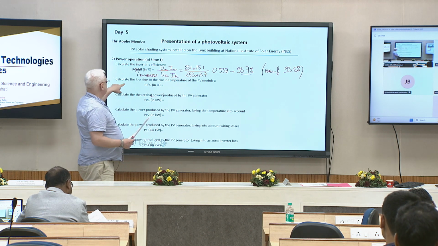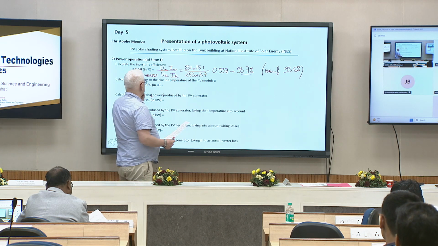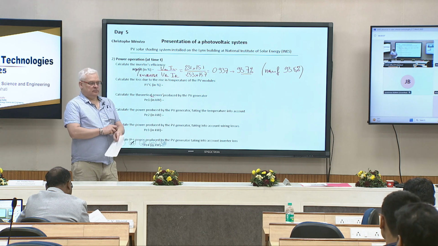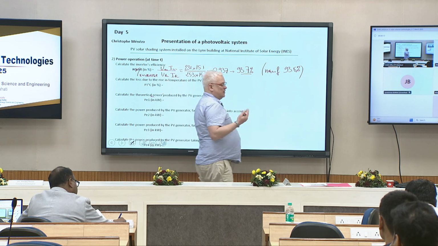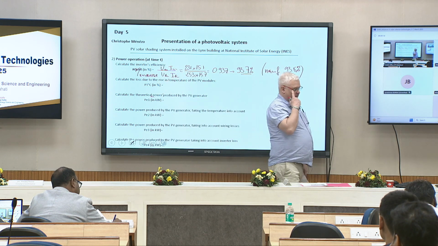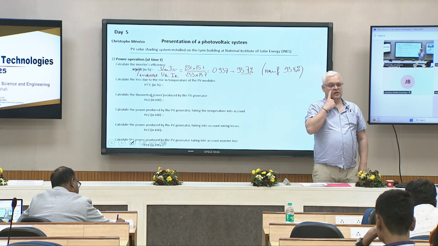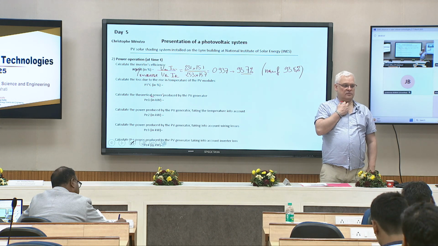So now calculate the loss due to the rise in temperature of the PV modules. Here I give a shortcut regarding the temperature because I directly give you the cell temperature.